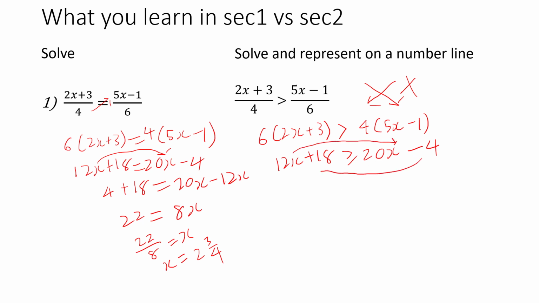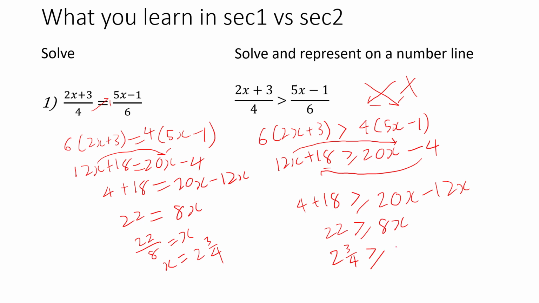This negative 4 can come over. So I will have 4 plus 18 is larger than 20x minus 12x. So I have 22 is larger or equals to 8x. And 22 divided by 8, I will have 2 and 3 over 4 is larger or equals to x. And this will be my answer.